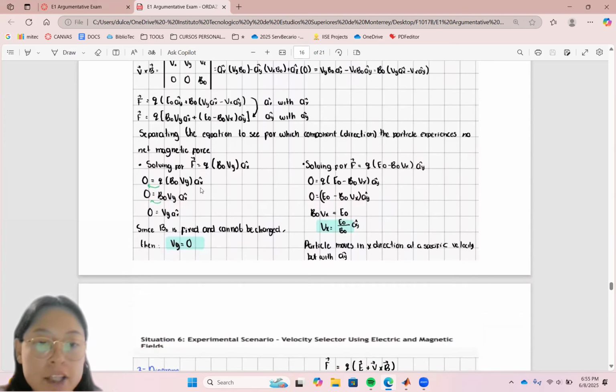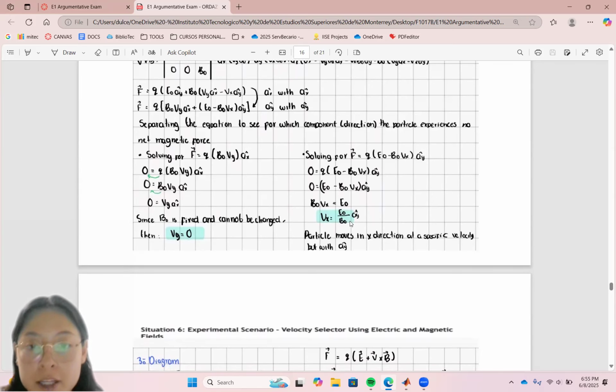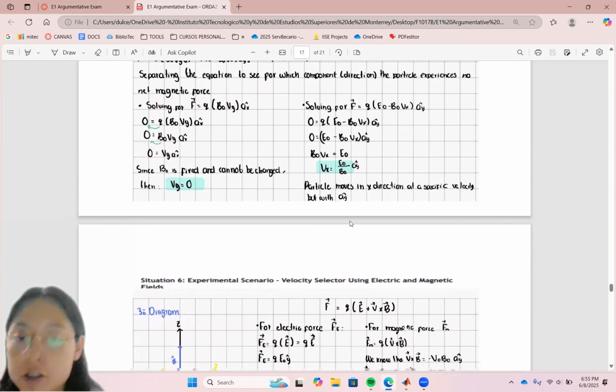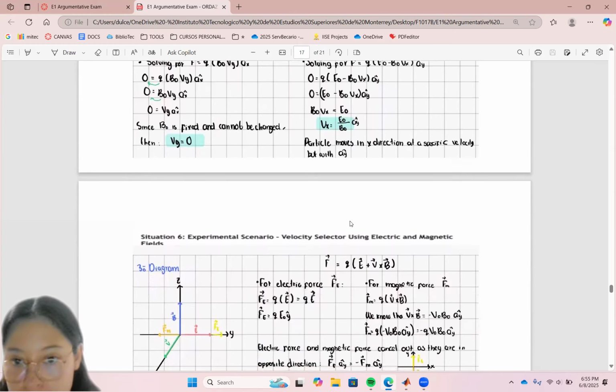Then I solve for my velocity vector and I obtain 0 at y, and the same for my velocity at x, and I obtain that the particle moves in the x direction at a specific velocity, but with unit vector y.